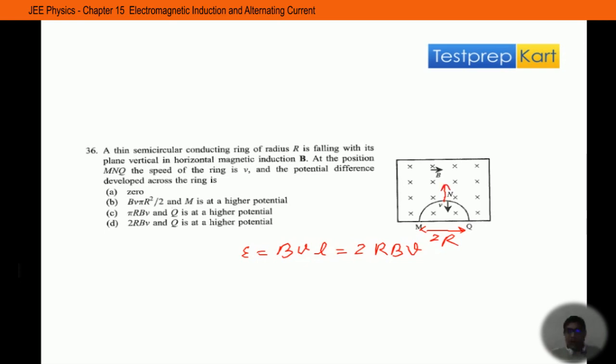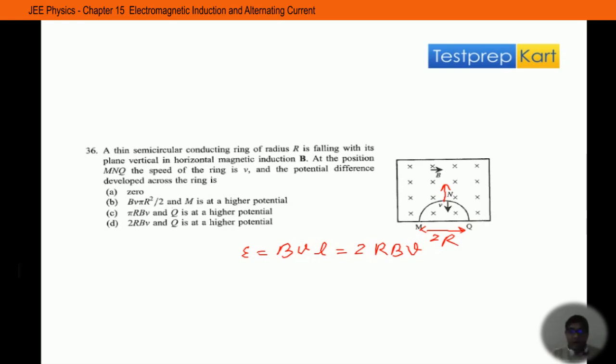According to Lenz's law, any induced quantity tries to oppose the main reason behind its induction. The main reason for induction is that this loop is falling down. So the induced quantity will try to apply a force that opposes the motion in this direction.